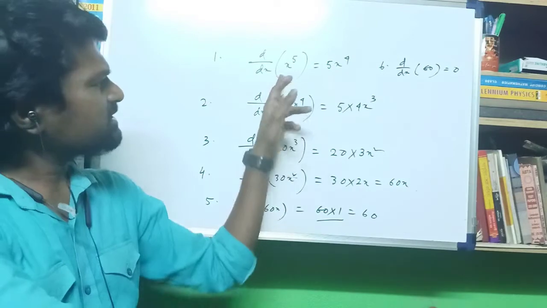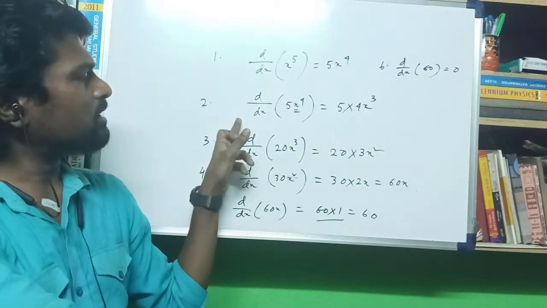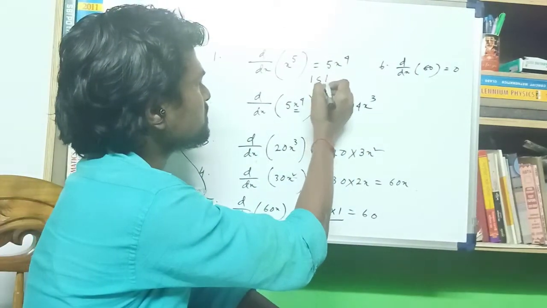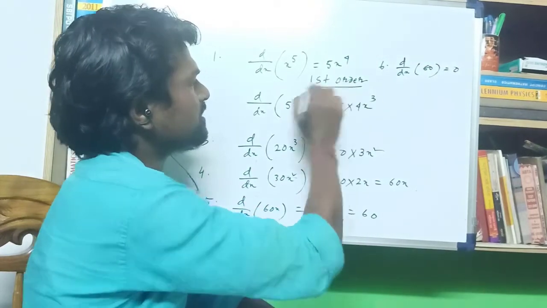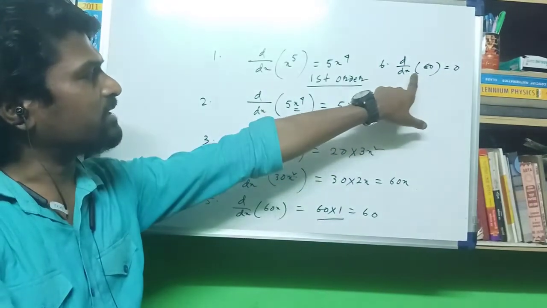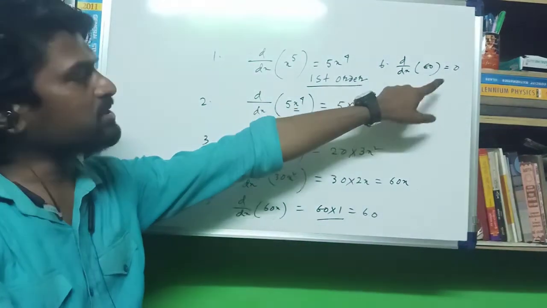So the first is called the first order derivative, and this is called the second order. This is the first order derivative, and this is the second order. This is third, fourth, fifth, and sixth order. So the sixth order derivative is 0.